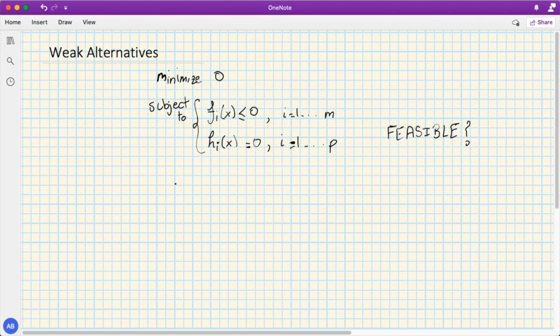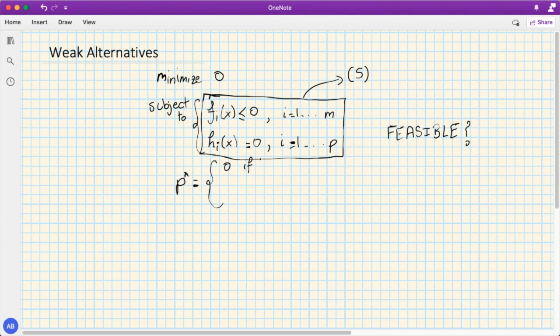So this problem has an optimal value, p star, that is defined as 0 if this set of inequalities and equalities, let's denote it as set S. So p star is 0 if S is feasible, right?